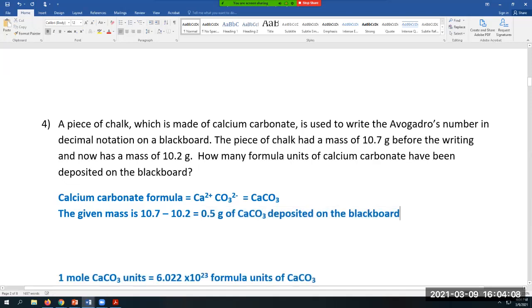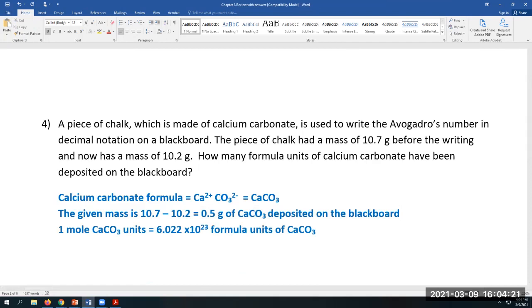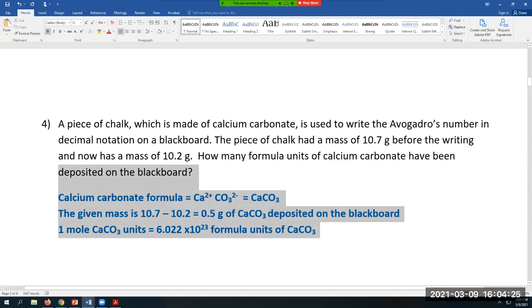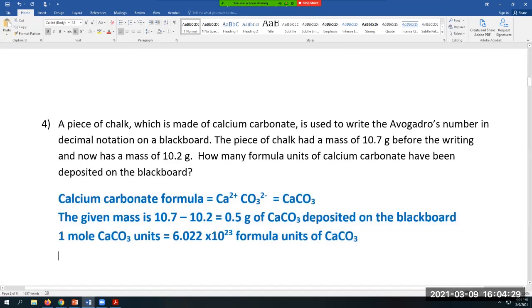So to get to formula units, you have to go through moles, right? Because formula units only show up in the definition of the mole. Definition of the mole: 1 mole of CaCO3 units is 6.022 times 10 to the 23rd formula units of CaCO3, right?